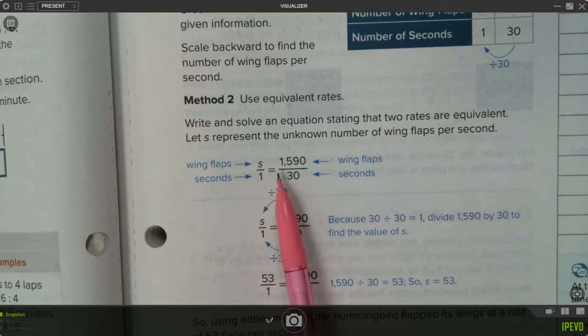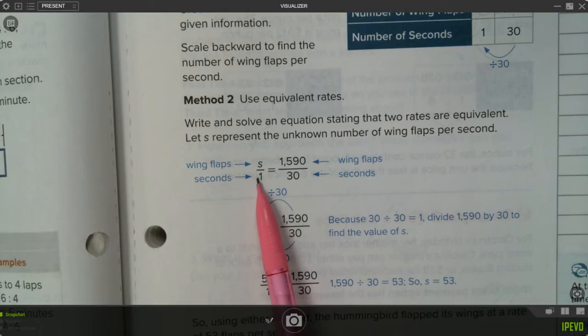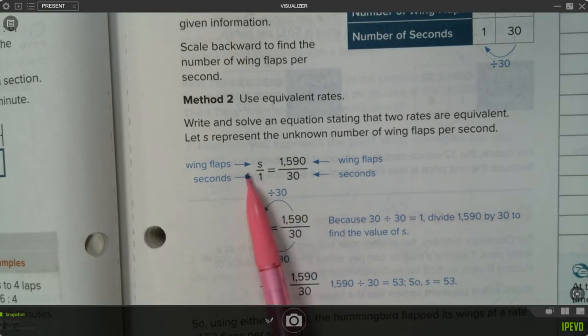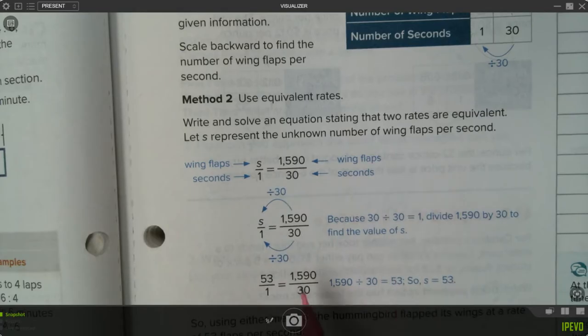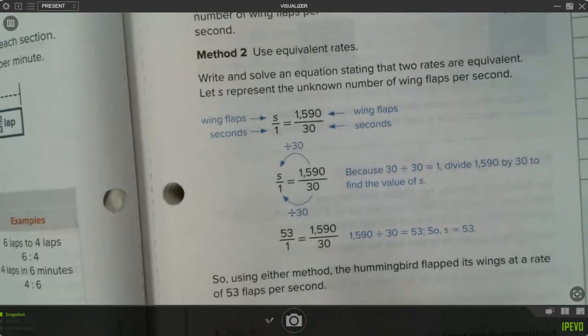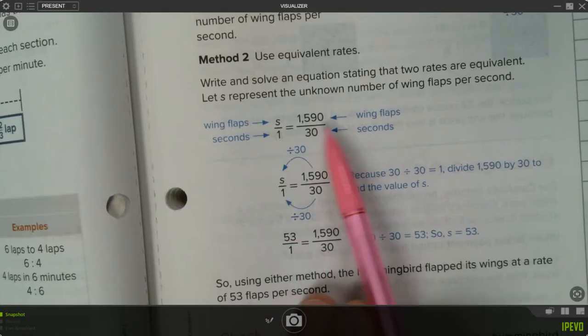So if we do that, setting it up, we would then solve for this problem by dividing by 30, same as we did in the table, and find the same answer of 53. Setting it up in the equivalent rates that look like ratios, we've done a lot of that, is probably the quickest way to do this, okay? So just know that whatever you have, wing flaps and seconds, they need to be on the same line.